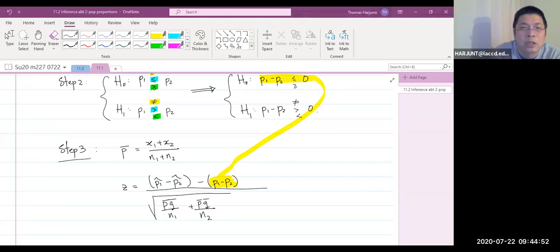Okay, let me use this example here. Second.